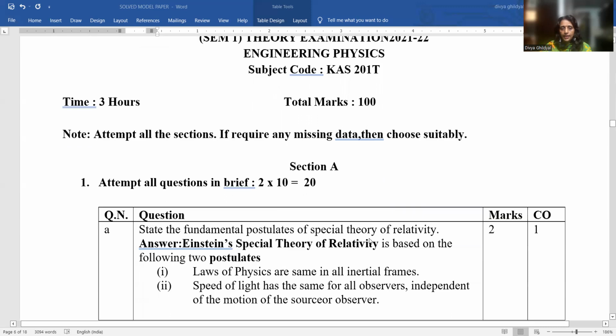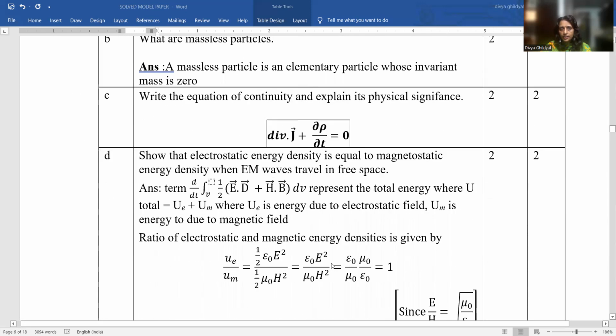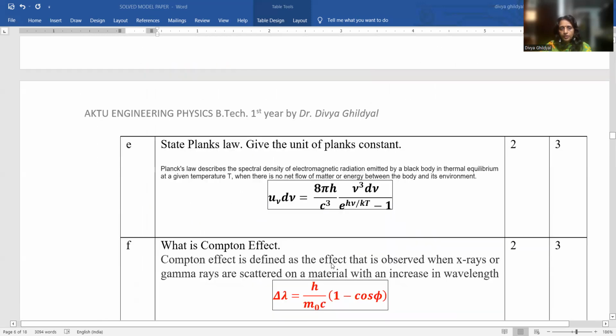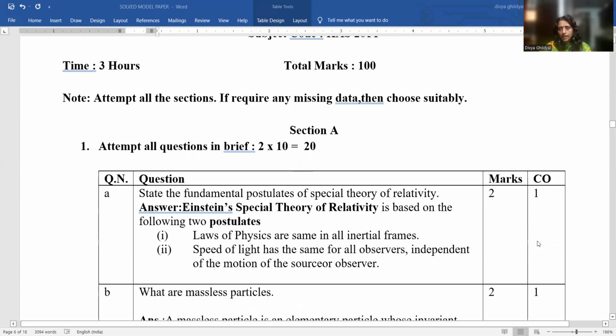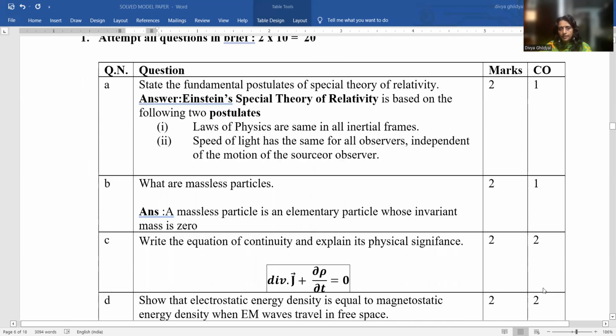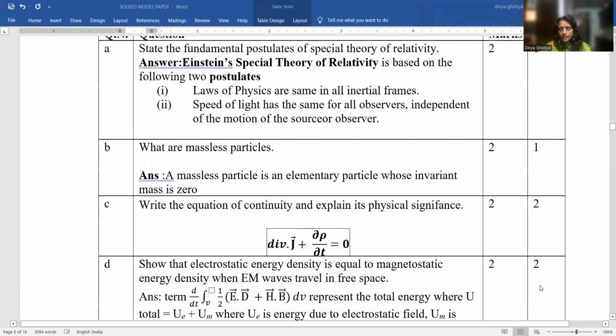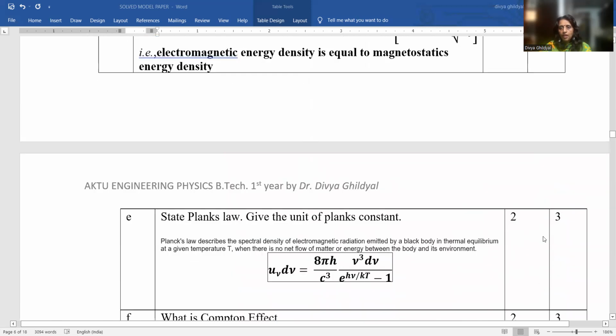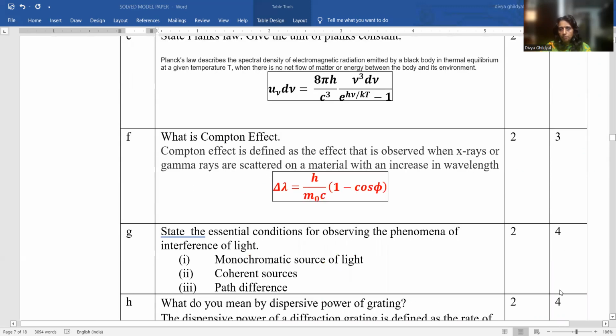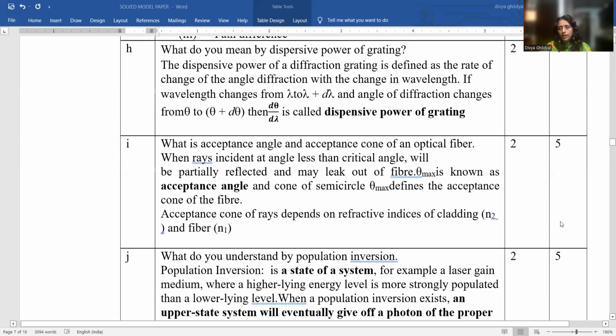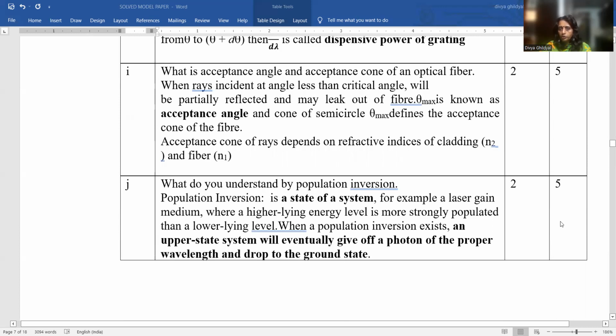Let me see. It consists of section A, which is 20 marks, and in section A there are 6 questions, and from every unit 2 questions have been asked. From the first unit 2 questions, then from the second unit EMT 2 questions, then from quantum 2 questions, from wave optics 2 questions, and from fiber optics and laser 2 questions.